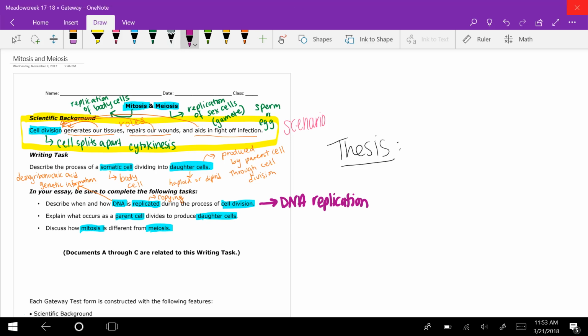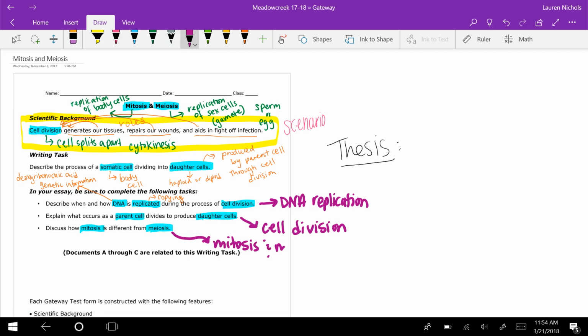Explain what occurs as a parent cell divides to produce daughter cells. The main thing here is cell division. And the main part of the third bullet point is mitosis and meiosis, which we could summarize as the types of cell division.